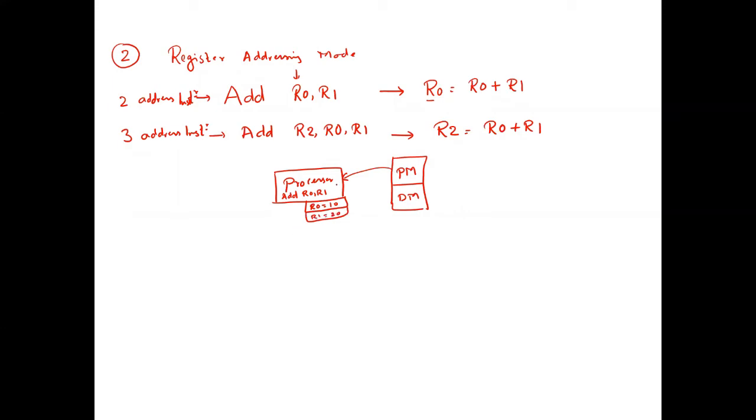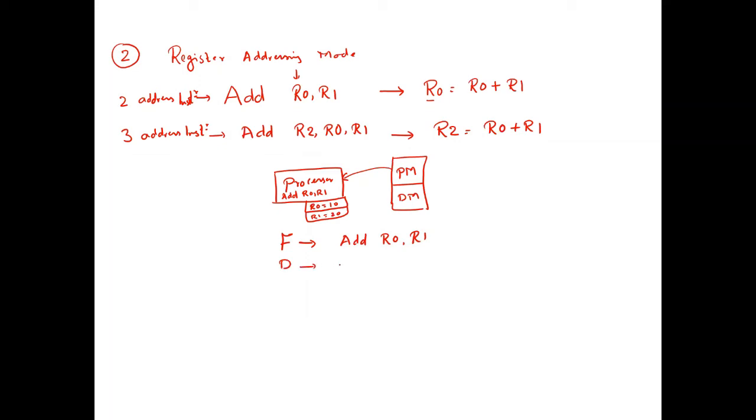So the data is in the processor's memory, but in the program we are writing an instruction that adds the content of register R0 with register R1, and the sum needs to be stored in R0. In the instruction, the data is not available. So in the fetch cycle, it will get the instruction add R0 comma R1.